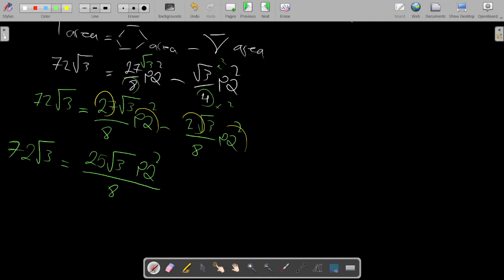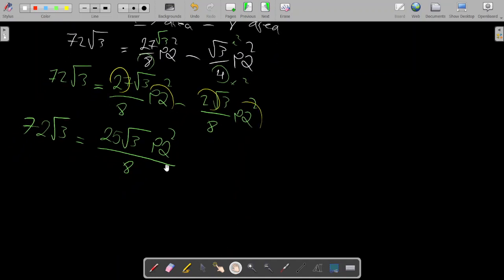And we can do something else now. We can divide both sides by square root of 3, so we can get rid of this square root, if you know what I'm talking about. So the 27 is going to be equal to 25 PQ square over 8.